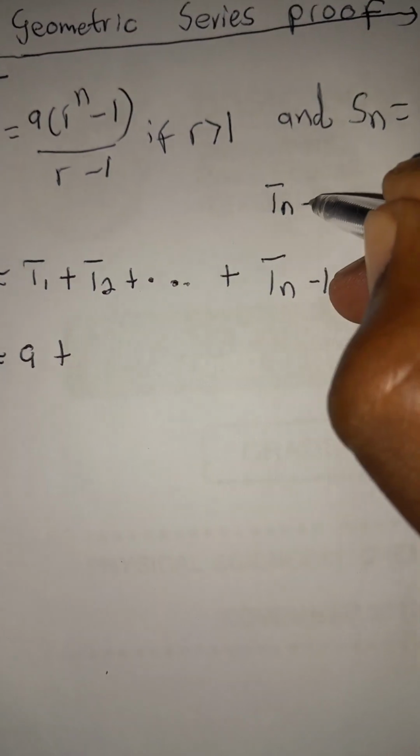T1 will be a. What about T2? The general formula of a geometric sequence is Tn equals ar^(n-1). If I place 2 here, it will be 2 minus 1, and r to the power of 1 is the same as r. So we have ar plus ellipsis.